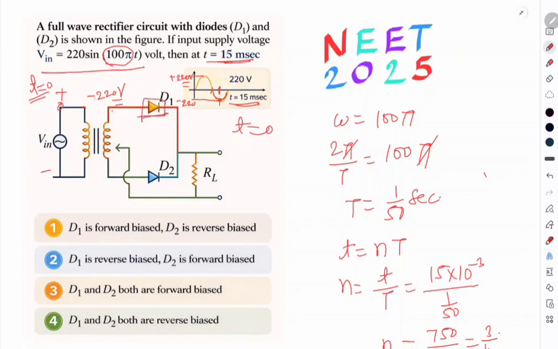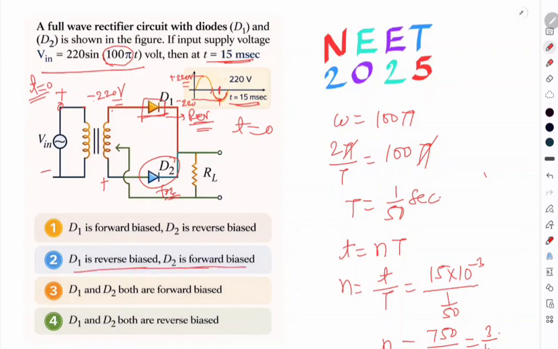This end will be at positive potential, so D2 will be in forward bias and D1 will be in reverse bias.